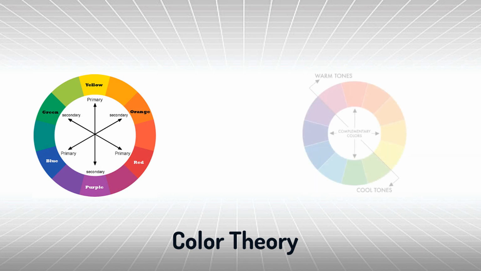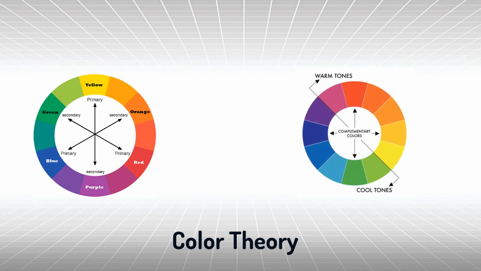But actually, colors do have a certain temperature to them. Namely, if we take a look at our image above, we're going to see that they basically have two types of tones: the cool tones and the warm tones.